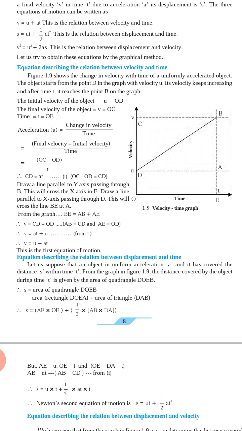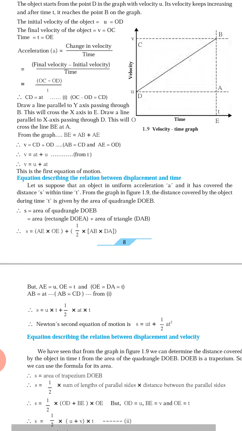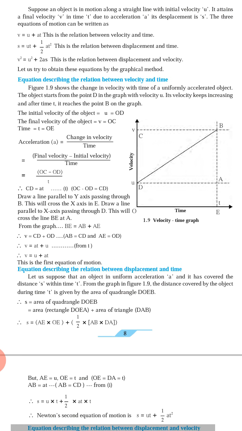AB is equal to CD, and we have already proven that CD is equal to at. Therefore AB is also equal to at. Now put all these values in the equation, and the second equation will be s is equal to ut plus half at square. We are going to stop here.